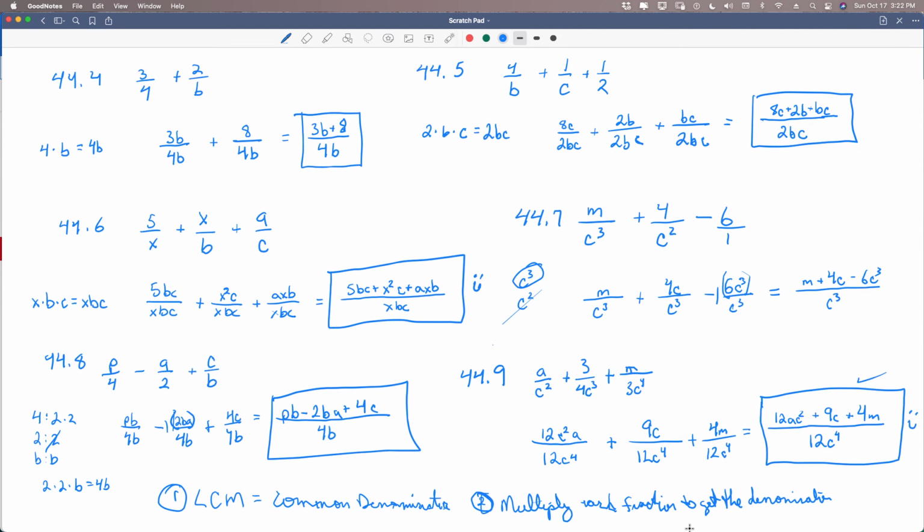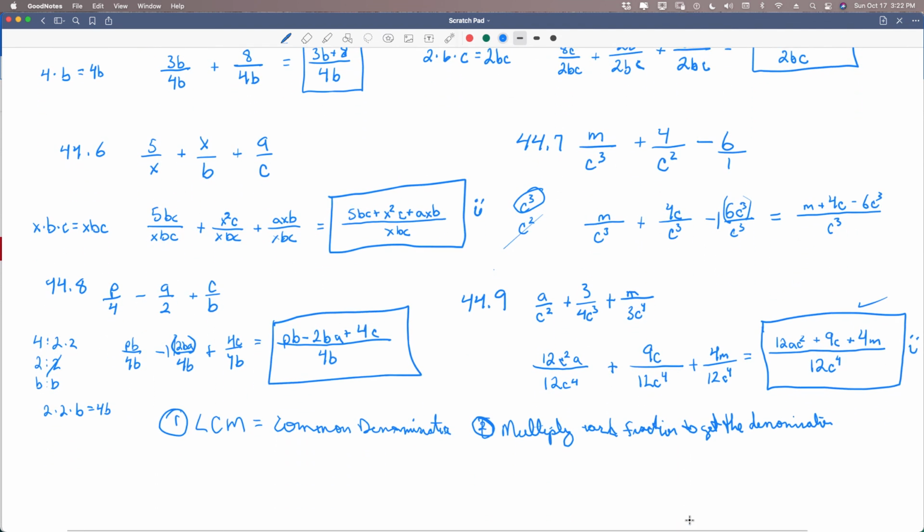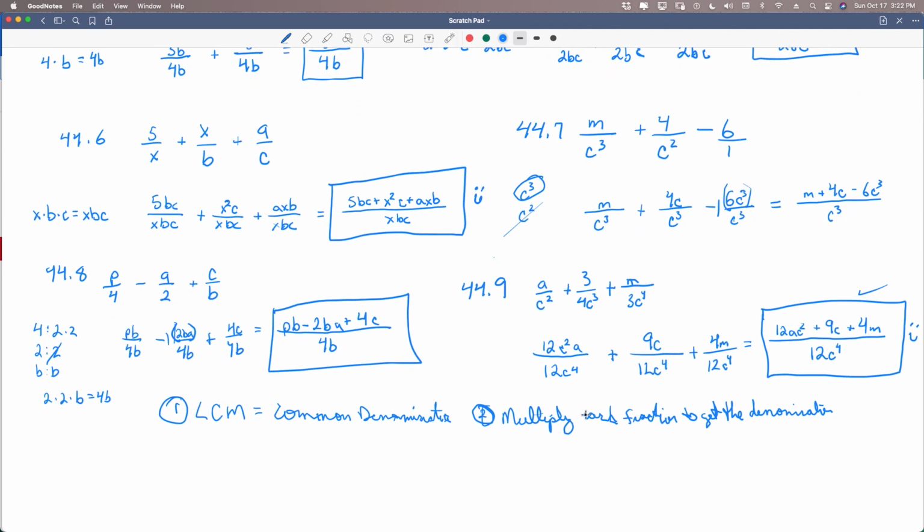After you multiply each fraction to get the denominator, then you are going to combine into one fraction. All right, and as you do that, you can add like terms if you have any.